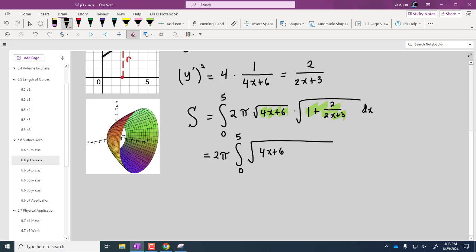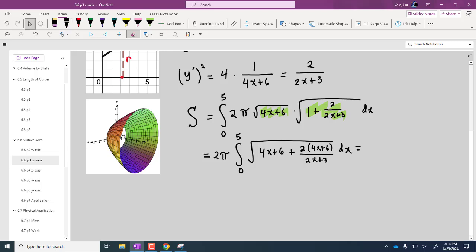And then 4x plus 6 is going to go into this numerator, correct? So we're going to have 2 times 4x plus 6 divided by 2x plus 3.